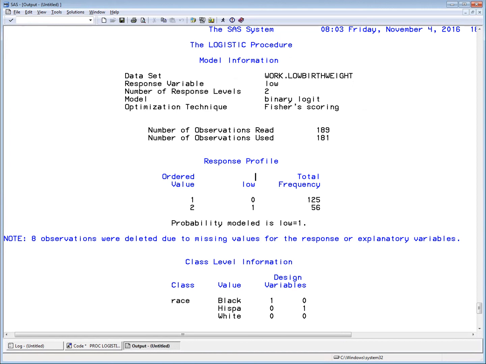We can see how SAS codes its variables. The column is essentially the variable. So that first column is that R1 variable. It's 1 if black, 0 otherwise, so 0 if Hispanic or white. And then the second column is the second variable, and that's going to be 1 if Hispanic, 0 otherwise, 0 if black or white.